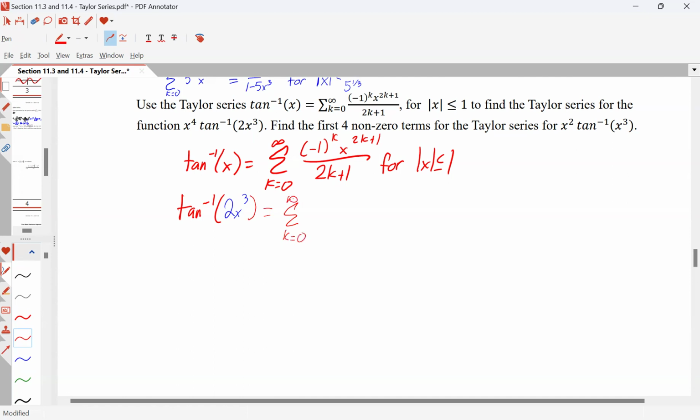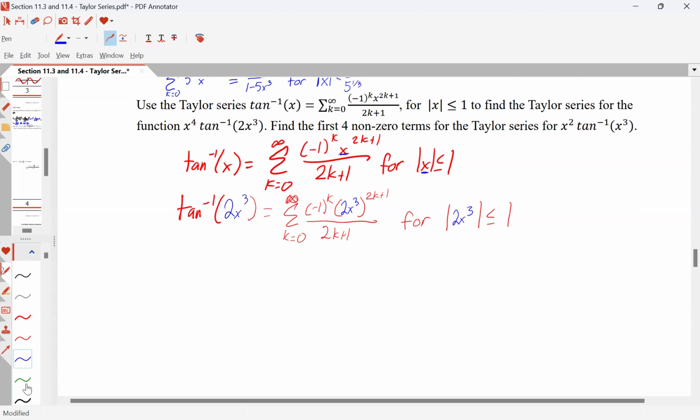Sum k equals 0 to infinity of (-1)^k (2x cubed)^(2k+1) over 2k+1, for this absolute value less than or equal to 1. That x gets replaced with 2x cubed.